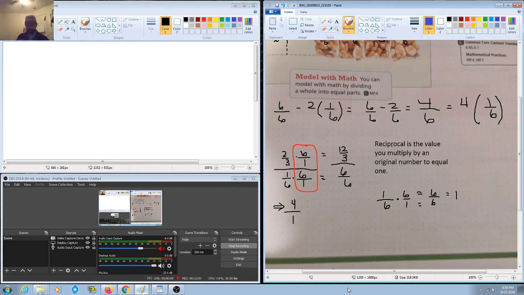So algebraically speaking, if we have A, B, C, and D, where those are just numbers, if we have A over B divided by C over D, this is going to be equal to A over B divided by C over D. Now in this first step, I really haven't done much.